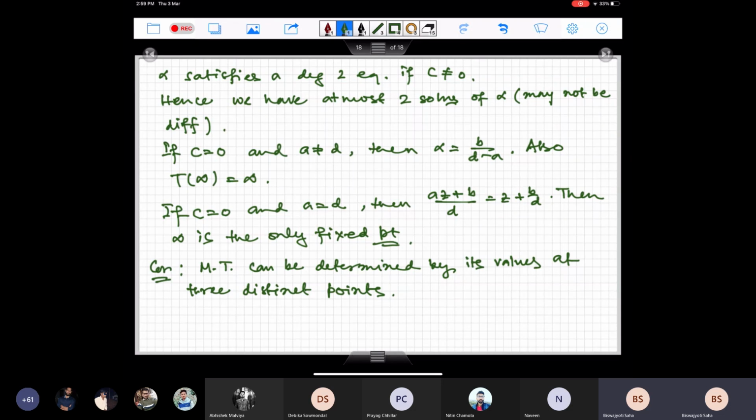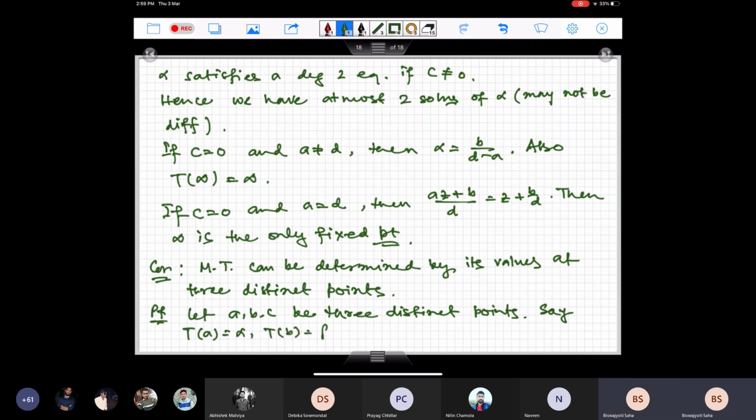That's very obvious, because let A, B, C be three distinct points. Let us say T of A equal to alpha, T of B equal to beta, T of C is equal to gamma.